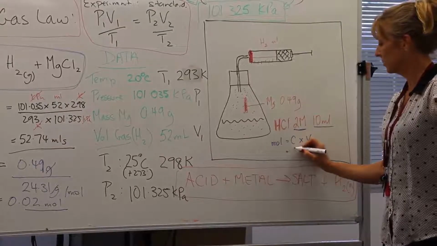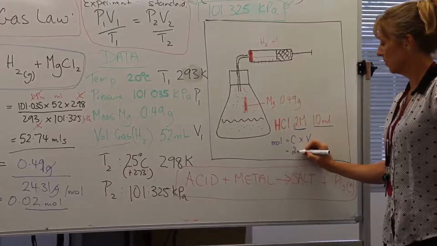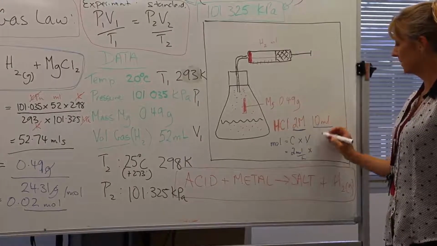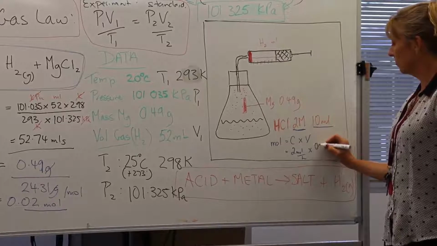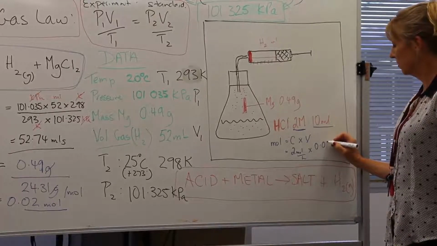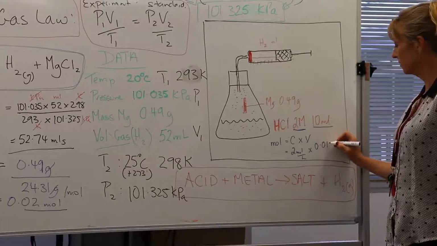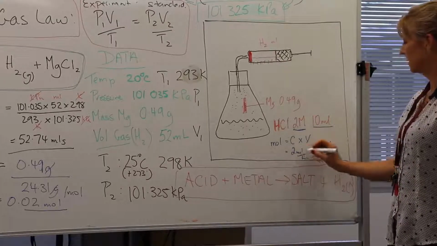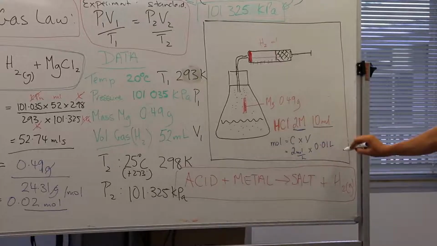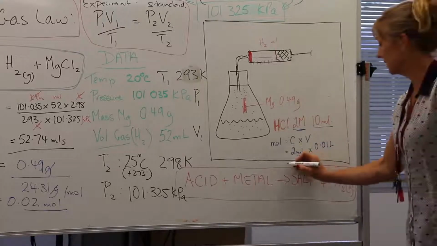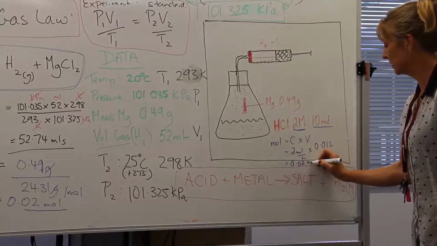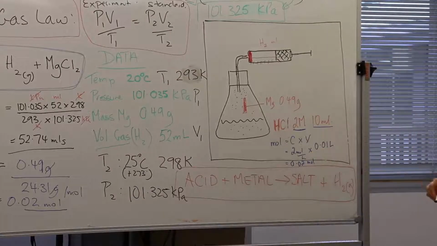So it is 2 moles per litre times, we have to convert this to litres of course, so it would be 0.01 litres. And you can see you're going to get your answer in moles because the litres are going to cancel. So the answer is 0.02 moles. Is that right? Yeah, that's right.